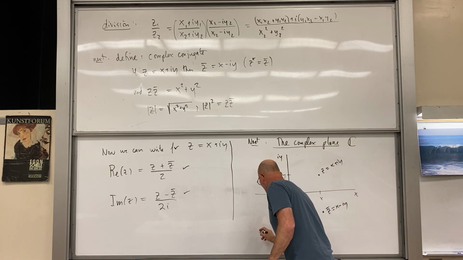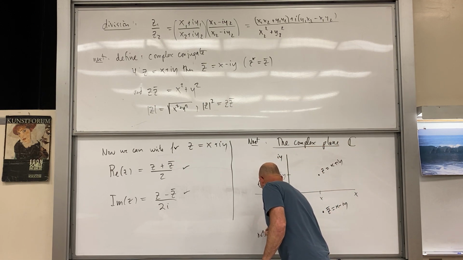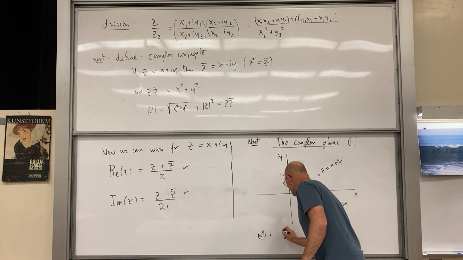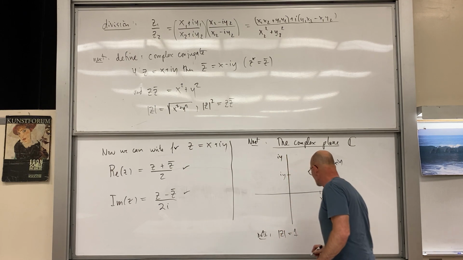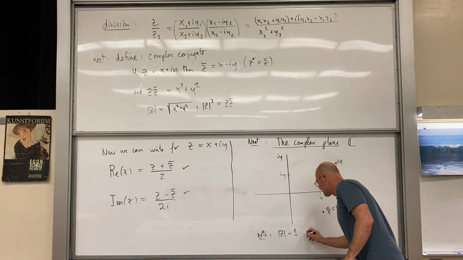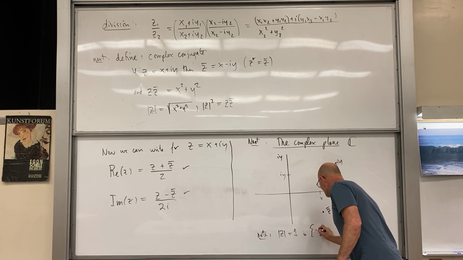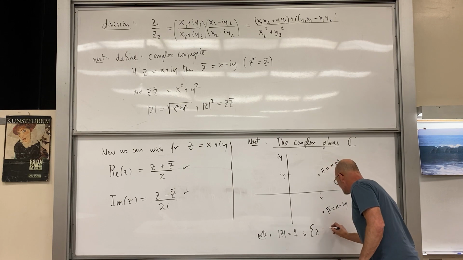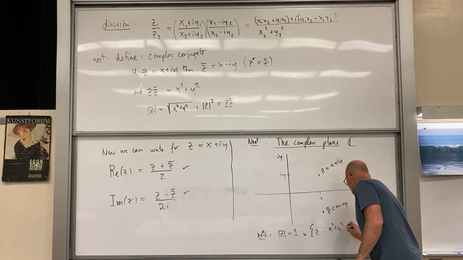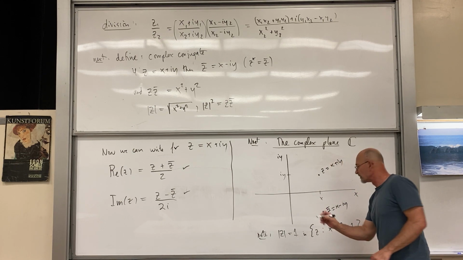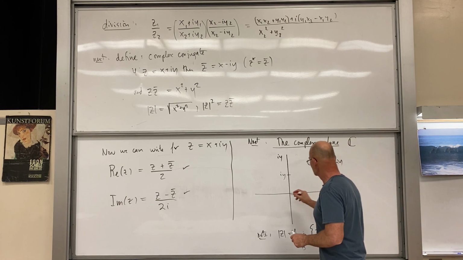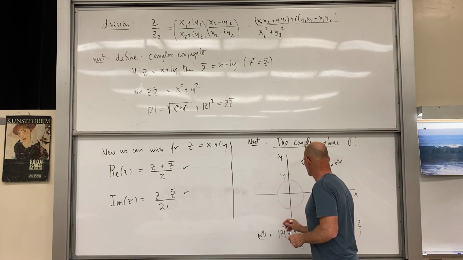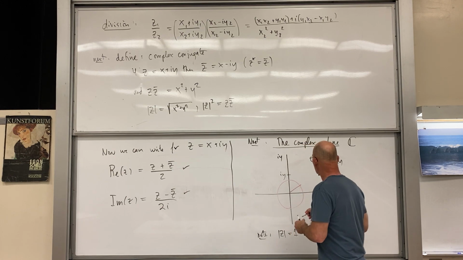So I'll write here, example, the magnitude of z equals 1. That's the set of z such that x squared plus y squared is equal to 1. And of course, that's the unit circle. That would be an example there.